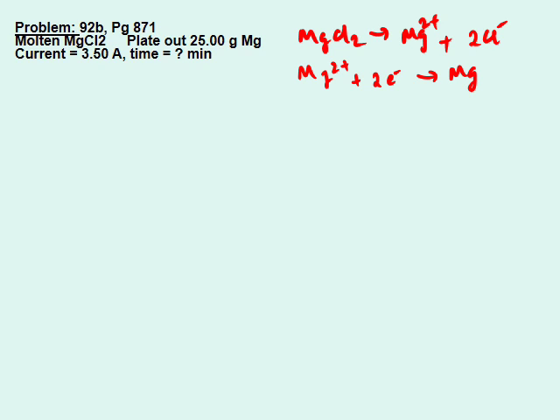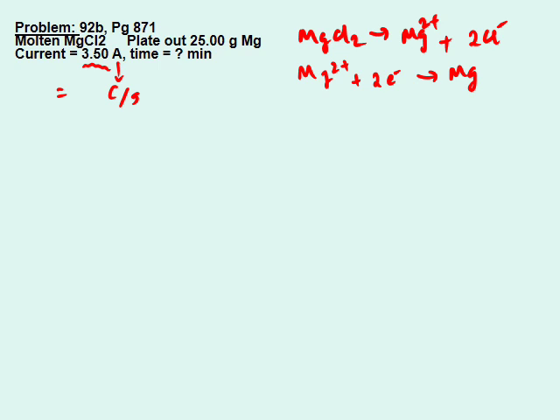Now you can think better if you write down the unit of current or electricity as coulomb per second. Ampere is the same as coulomb per second. Okay, now with that in mind, let's start this problem.